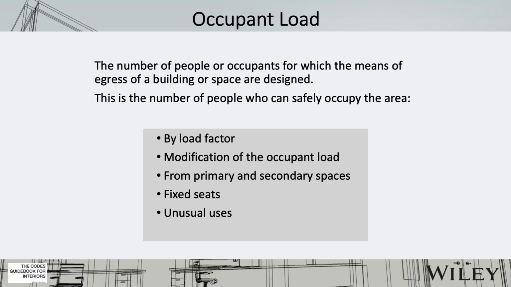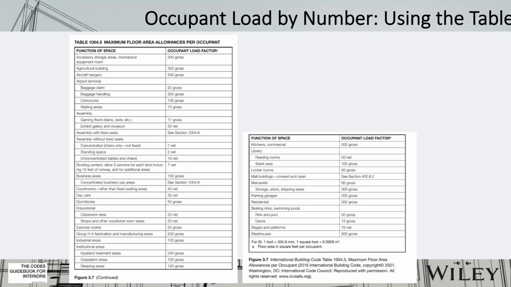The occupant load involves a mathematical calculation, and you need to know the square footage of the space as well as how the space is being used. You'll refer to Table 1004.5 in Chapter 10 of the IBC or CBC to determine the occupant load factor that you'll use, divided by the square footage of the space, which will give you the occupant load.